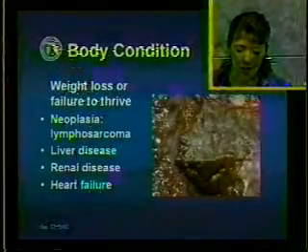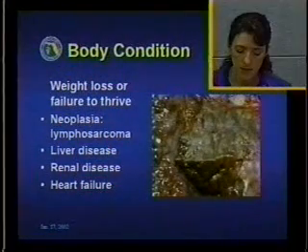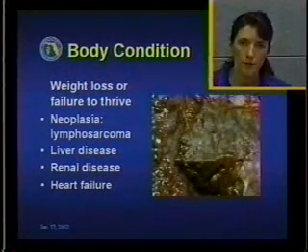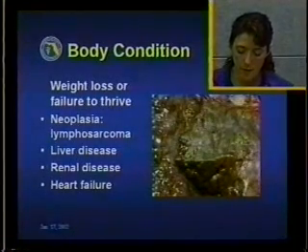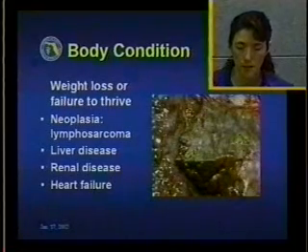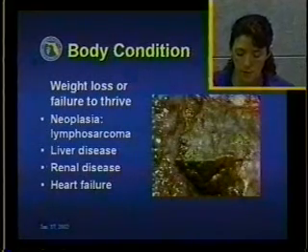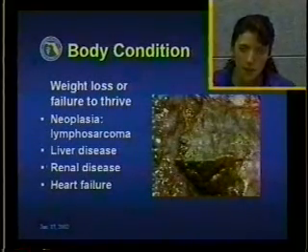And finally, neoplasia can possibly be involved in loss of condition in horses. As you see here, a pretty extensive carcinoma of the liver was causing this horse to be presented for chronic weight loss.